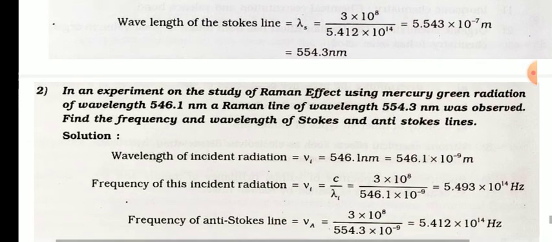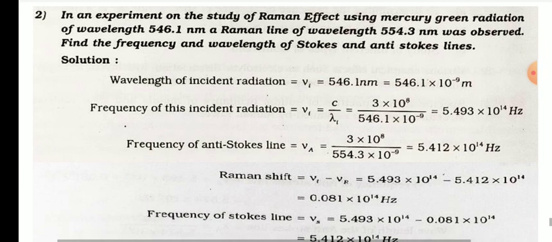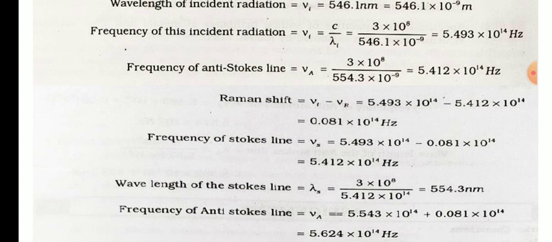The second example: in an experiment on the study of the Raman effect using mercury green radiation of wavelength 546.1 nanometer, a Raman line of wavelength 554.3 nanometer was observed. Find the frequency and wavelength of the Stokes and anti-Stokes lines. You have to go in the same manner as in problem number 1. First find the Raman shift.